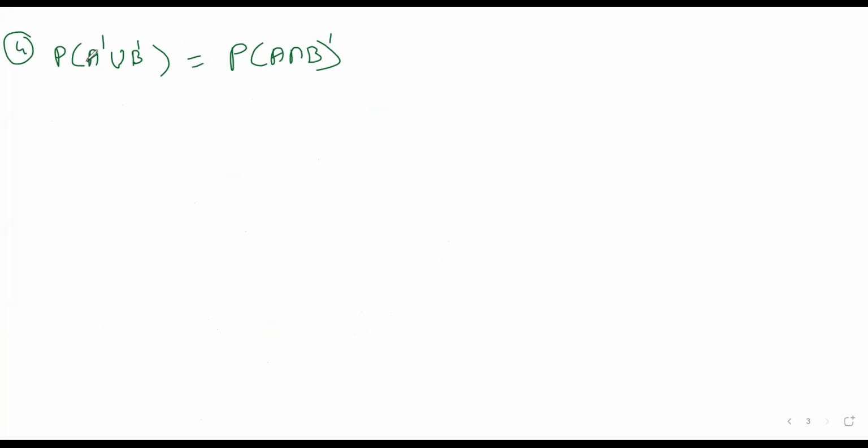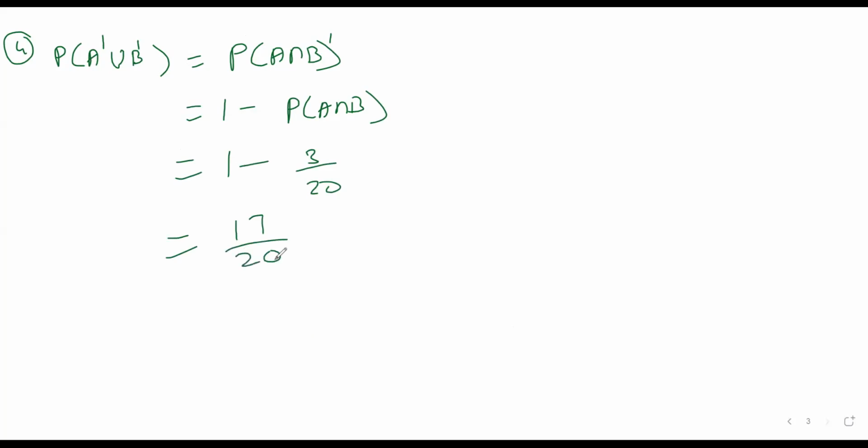At least one of the events does not occur. दोनों में से कम से कम एक इवेंट तो ऑकर ही ना हो. Okay, A complement union B complement is A intersection B bracket complement. This is 1 minus P of A intersection B. It is 1 minus 3 by 20. Answer is 17 by 20.